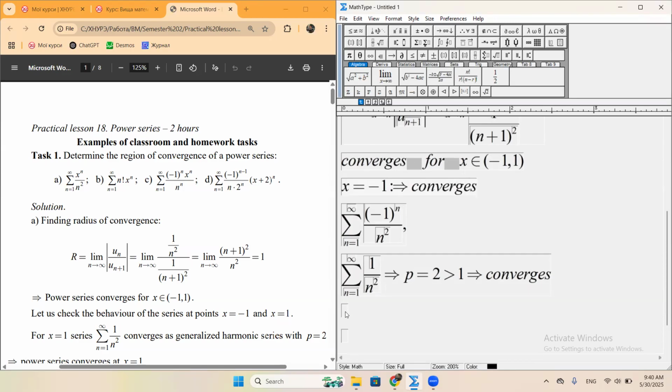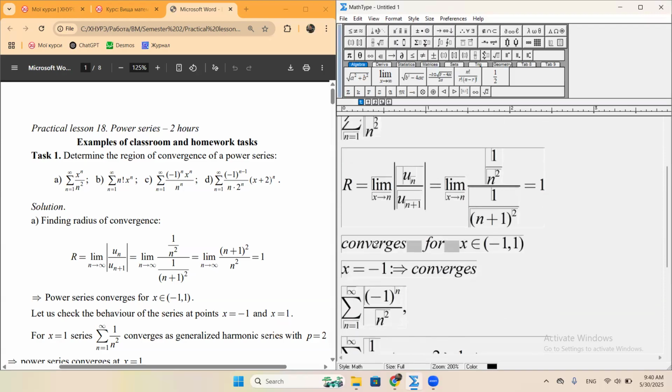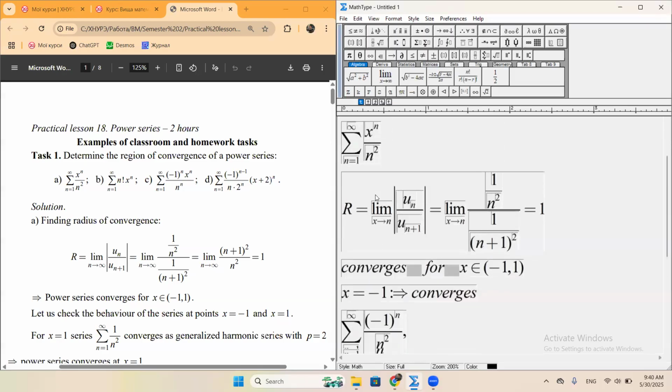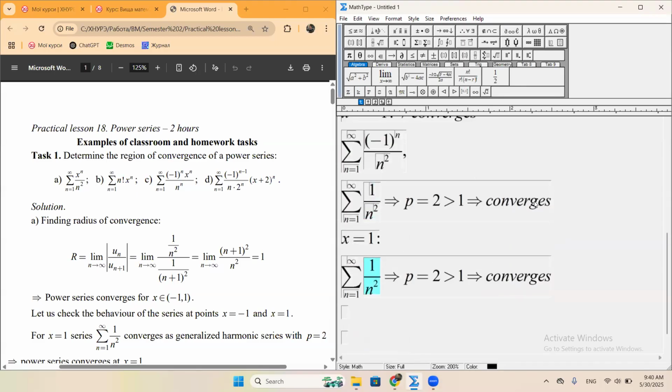And what about x equal to 1? We will have actually the same generalized harmonic series, but with only positive signs, and it converges as well. So this series converges absolutely.